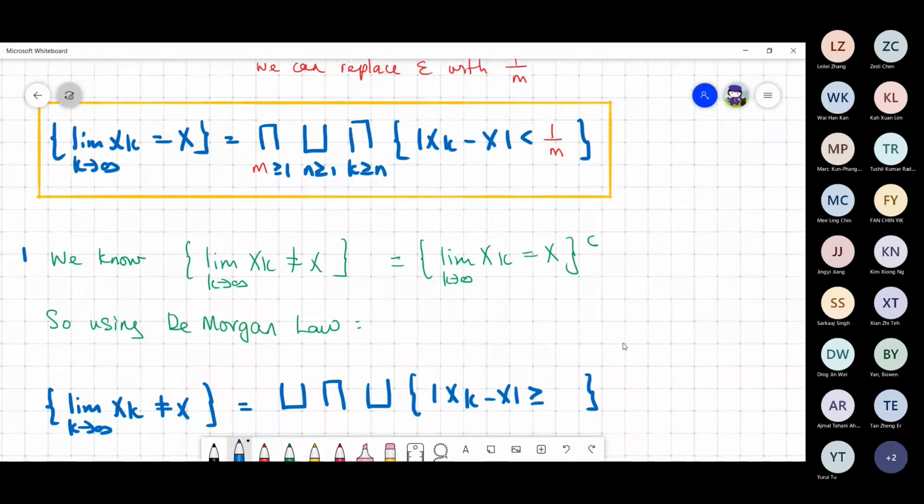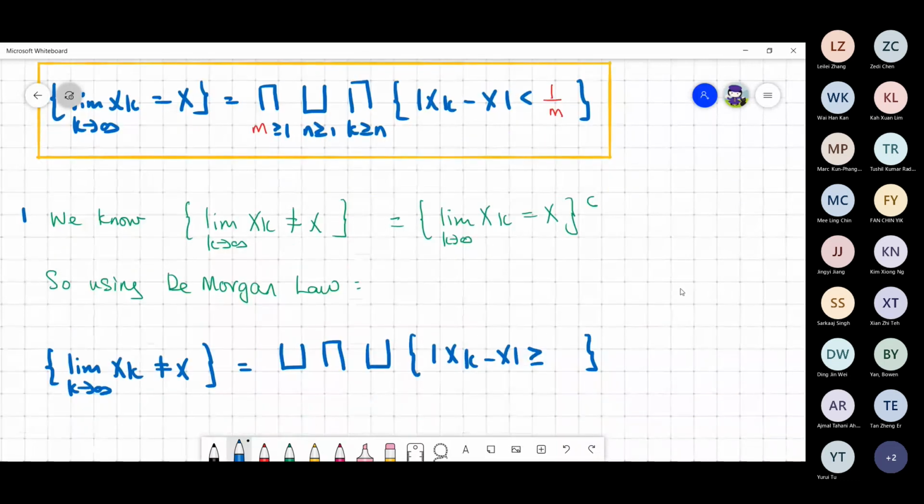So I use back the same, so this will be epsilon larger than 0, n greater than or equal to 1, k greater than or equal to n, epsilon. So this will be equal to this. Alternately, we may change epsilon to 1 over m.